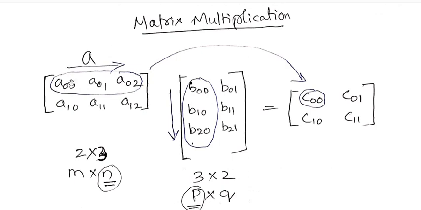Suppose A00, what it means is that this element is in the 0th row and 0th column. All the elements in this particular row will have a 0 as the first index. So how do we access this matrix? Using two indices, I and j.